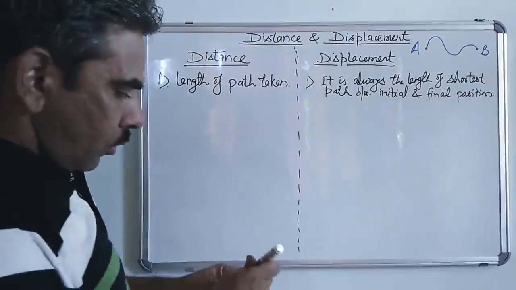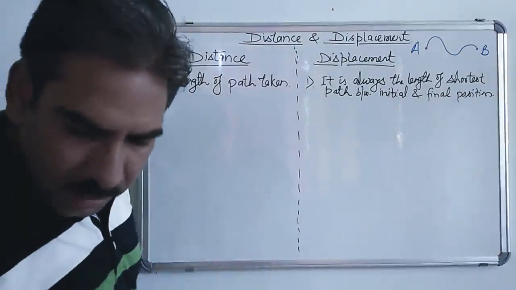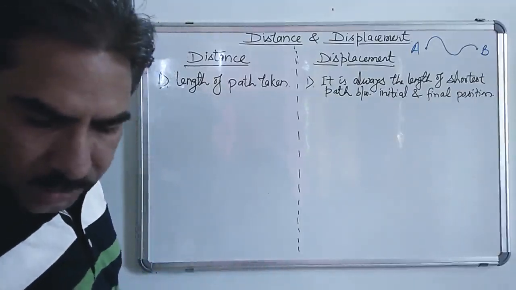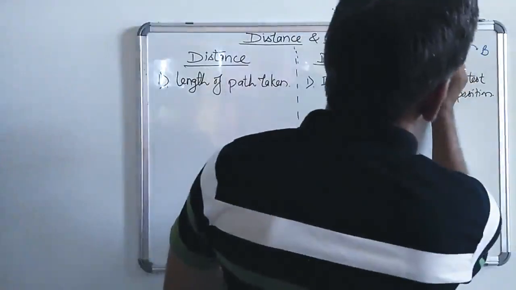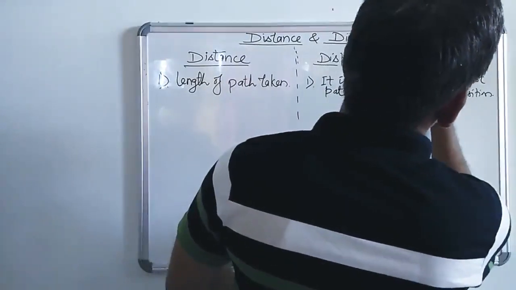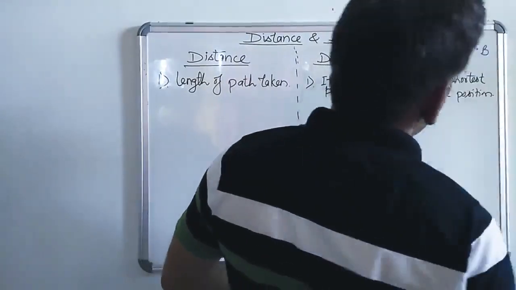Displacement is nothing but the shortest path, which is the path taken along a straight line. Only the shortest path is a straight line path.